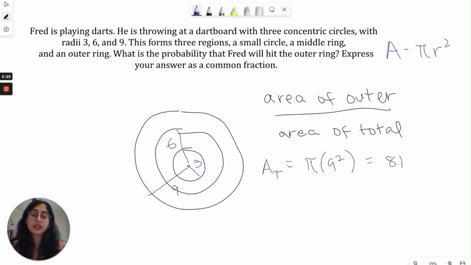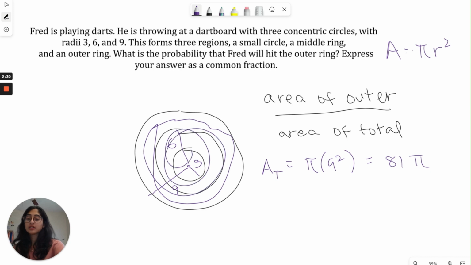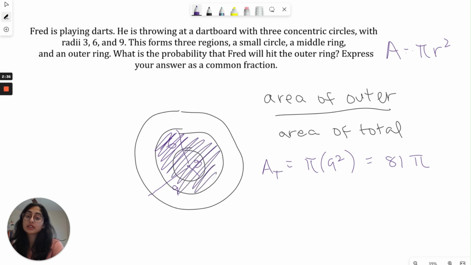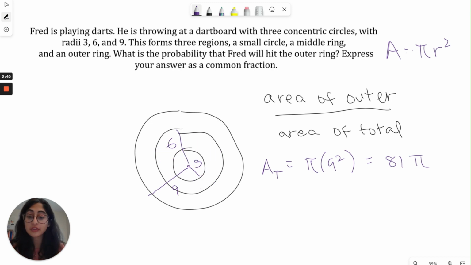Now, how do we find the area of that outer ring? Well, to find this area, we're actually going to take the area of the entire circle, but we don't want all of that, right? We don't actually care about all of this area right here. That's not included in the outer ring. So we're going to take the area of the entire circle and subtract from it the area of the second biggest circle, right?